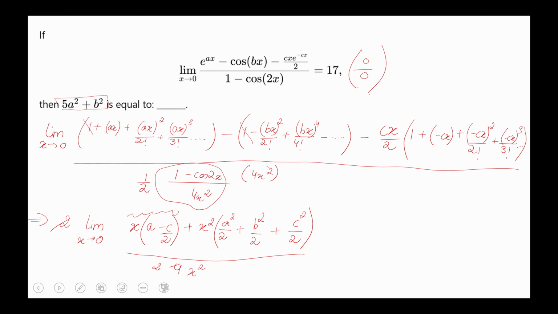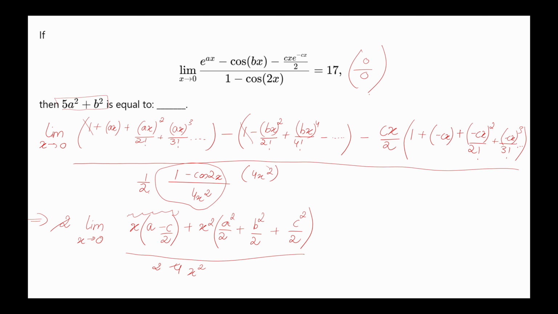So I hope this might have seemed a bit confusing for you all, but if you try to solve it by yourself, it would become very easy for you, because the only thing that I did in this entire equation was I expanded my terms and I removed all the terms that had powers greater than the power of the denominator. Since x is tending to 0, all those powers which are greater than the denominator's would become 0. So I ignored all those powers.